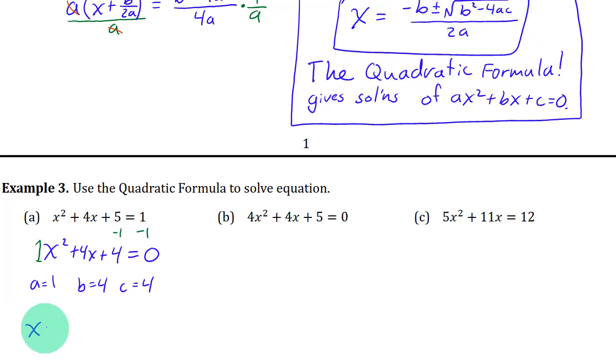So this is going to give you x equals negative b, which is negative 4, plus or minus the square root of b squared, which is 4 squared, minus 4 times a, which is 1, times c, which is 4. So it's b squared minus 4ac there, divided by 2 times a. Oops, but the a is 1. So this is the arithmetic we need to do.